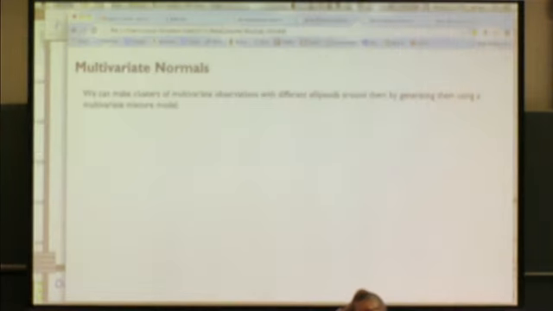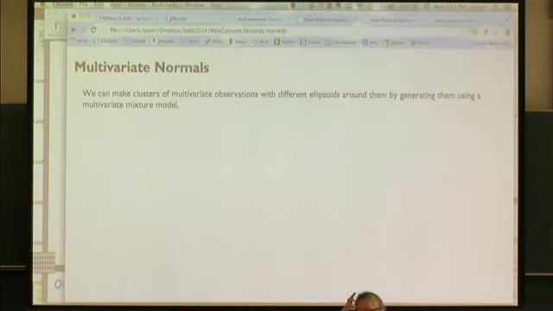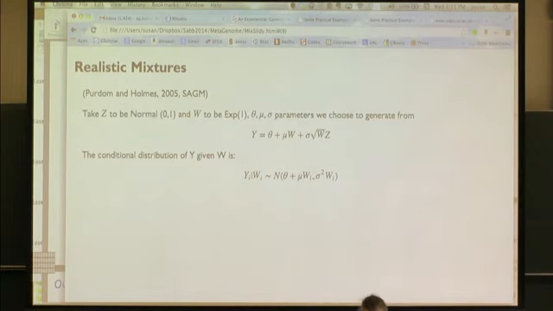And there are lots of methods for finding the components in mixtures, and I'm not going to talk about the EM algorithm, which specializes in labeling those kinds of mixtures, but that's a good one.